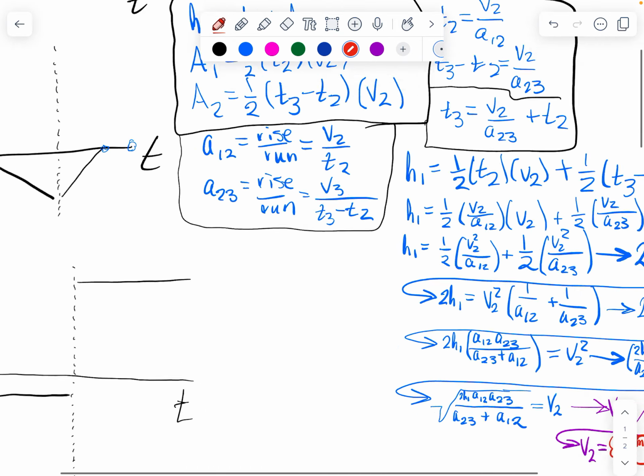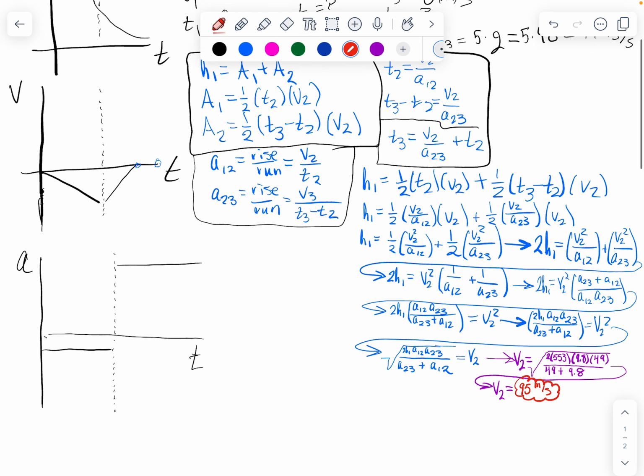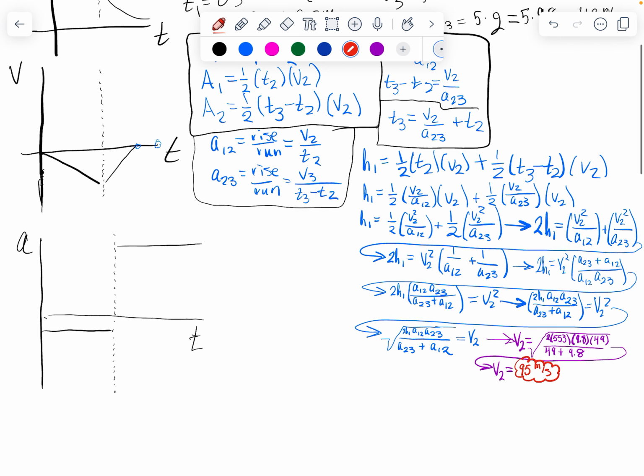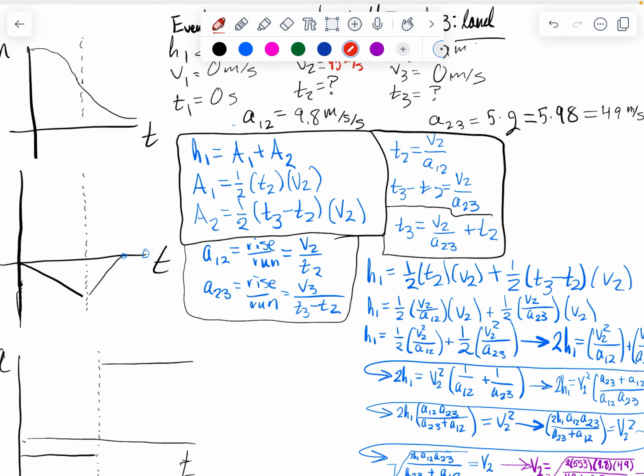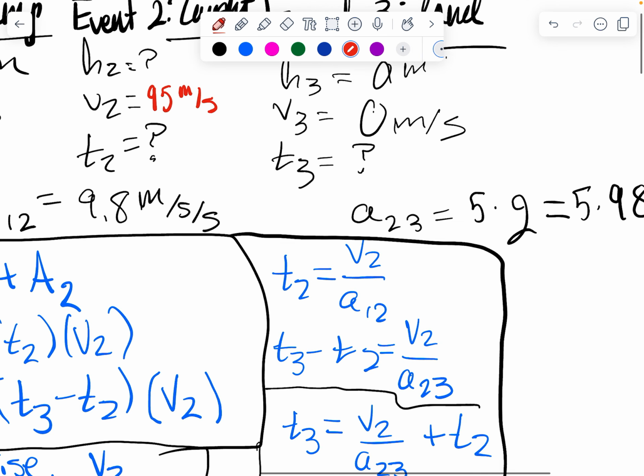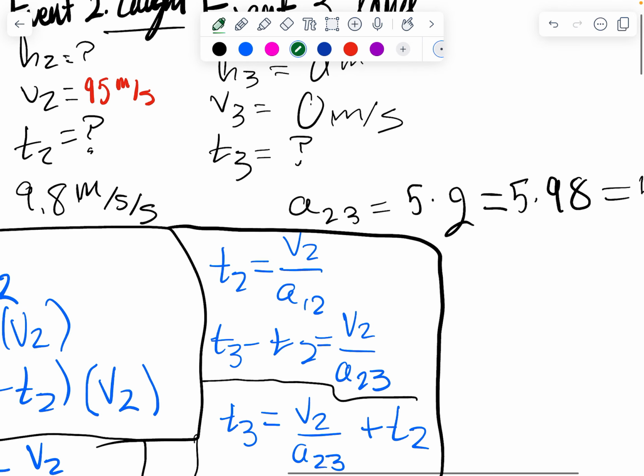Awesome. So now what do we want to find? Let's look at what we got. We got velocity. Then there's T2, right? Let's go ahead and find T2 since we have V2 now. And we'll probably need T2 later, so let's do that. So T2 equals V, and we're going to do this in green, 95 over A12, which is 9.8.